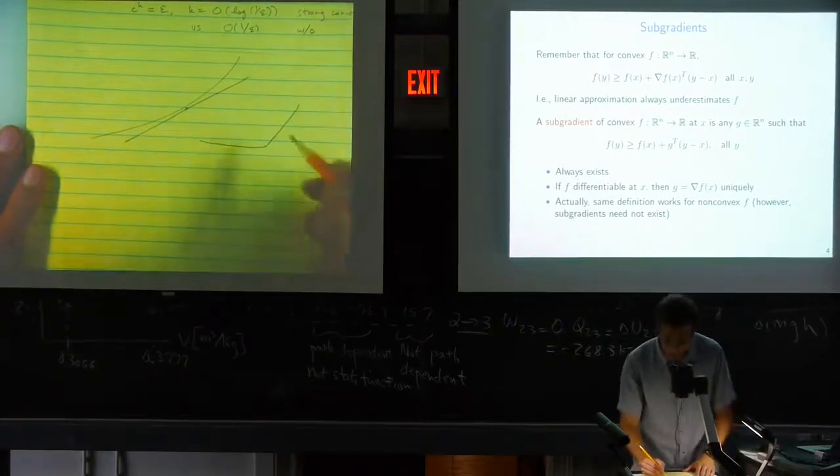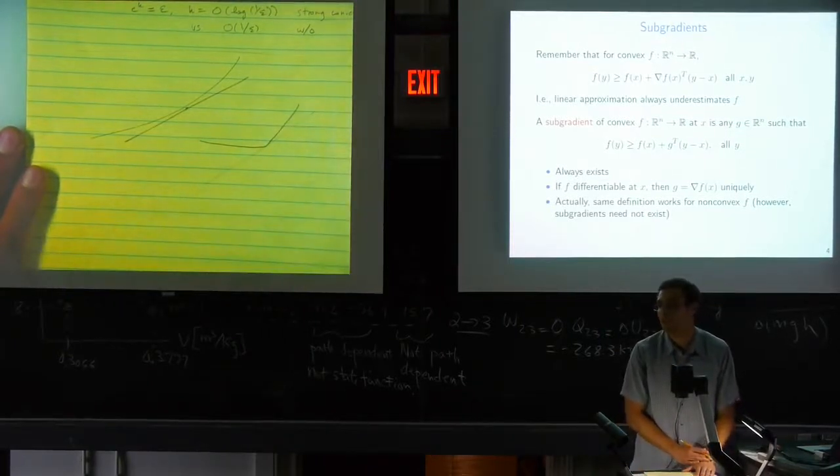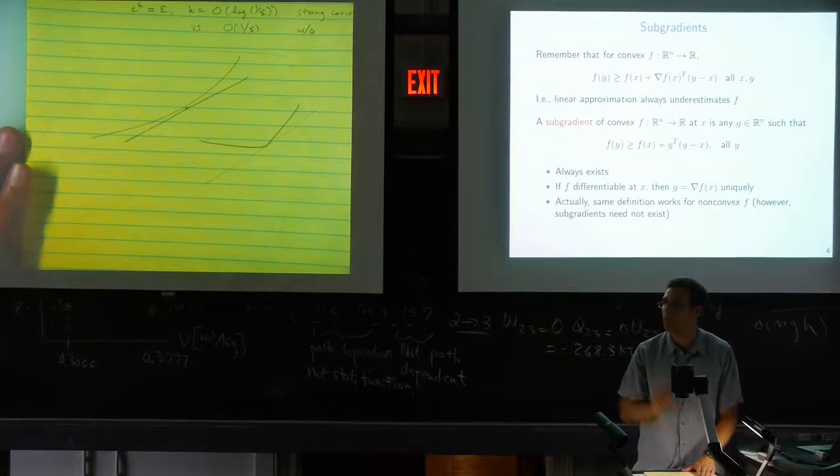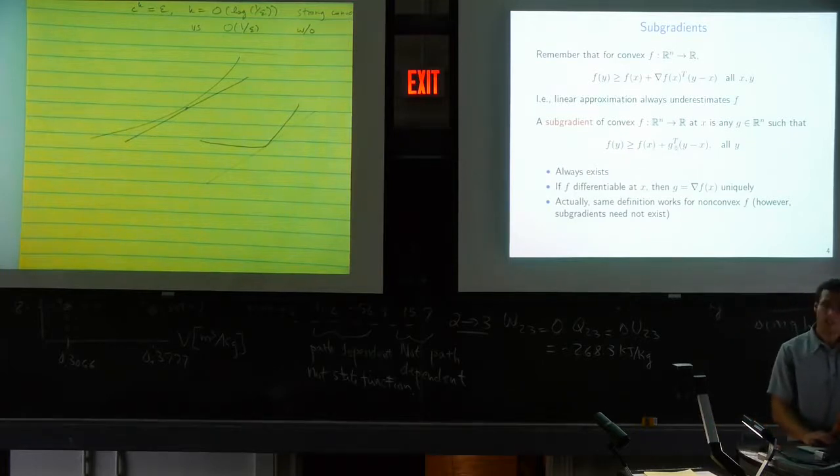And the subgradients are just all the vectors that give us this lower bound if we were to take a linear approximation, with that vector as the slope in that linear approximation. So formally, it's a vector g such that for any y, I have f of y bigger than or equal to f of x plus g transpose y minus x. g is taking the role of the gradient when the function is differentiable.